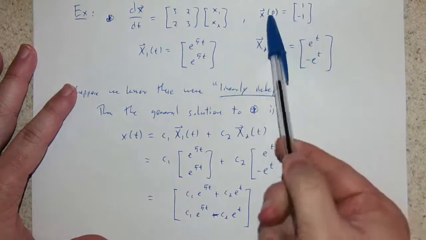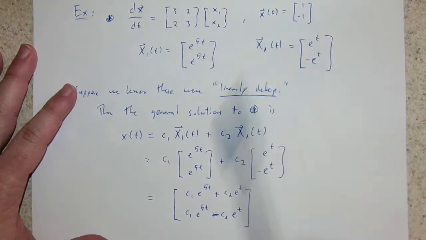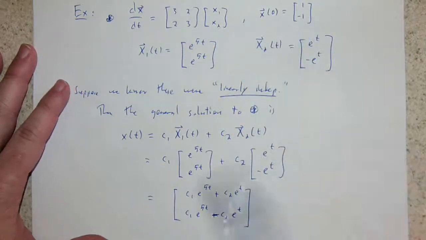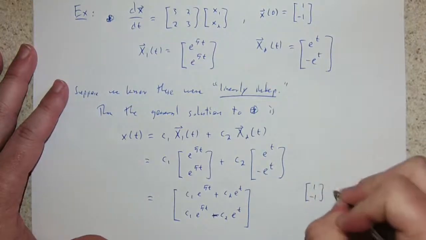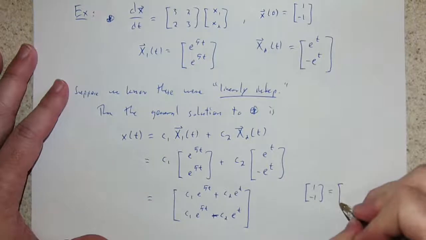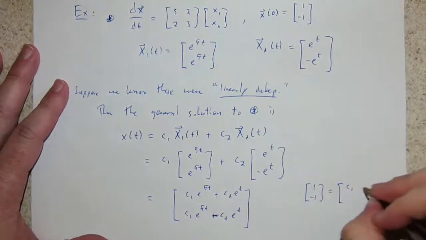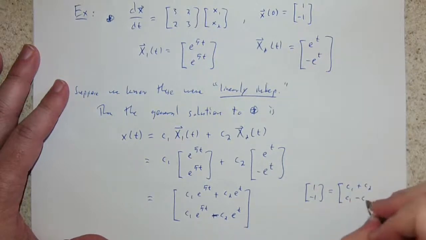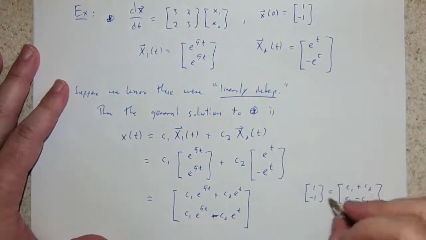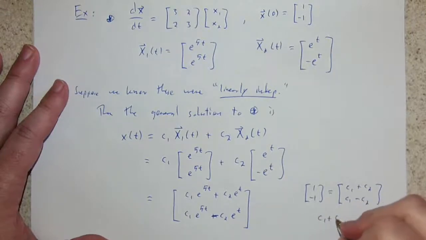So if I plug in t equals 0 here, I impose this initial condition. So I have 1, minus 1 equal to c1 plus c2, plugging in 0 here, and plugging in 0 here, c1 minus c2. And so I get the system c1 plus c2 equals 1, and c1 minus c2 equals minus 1.